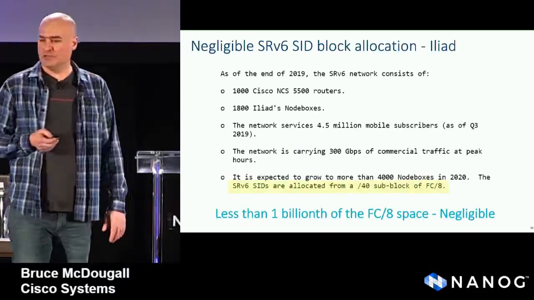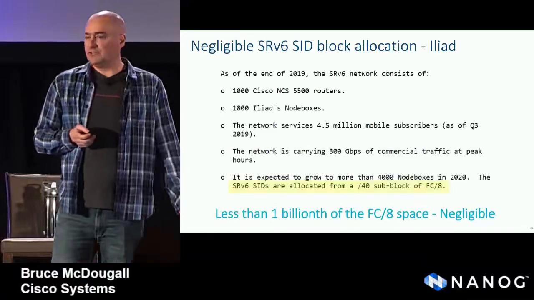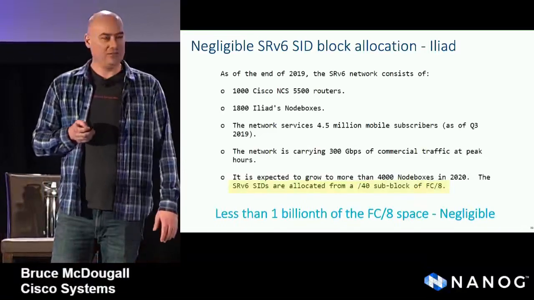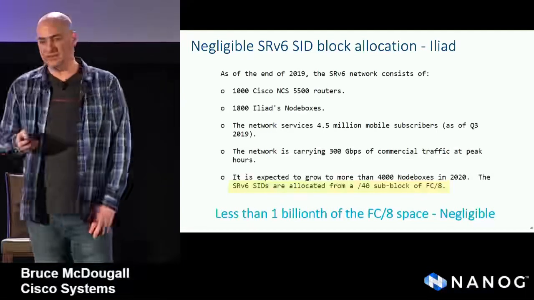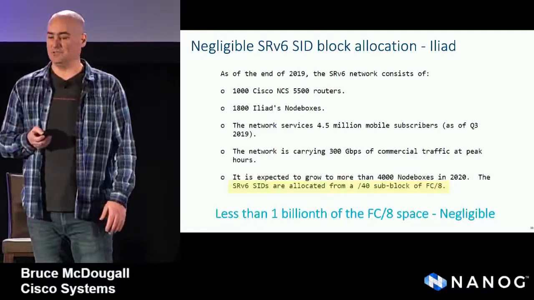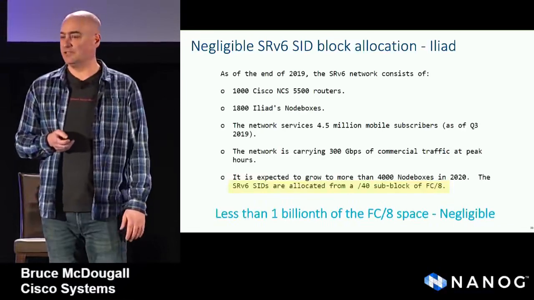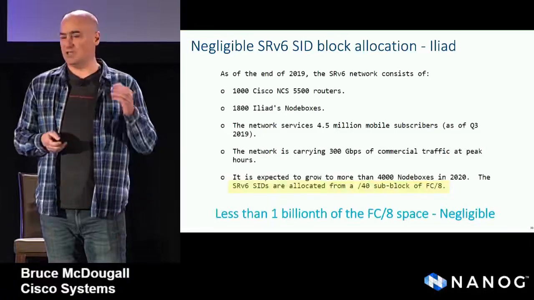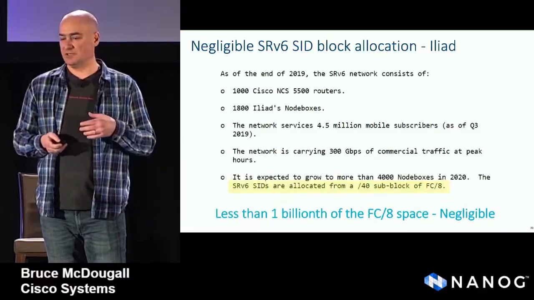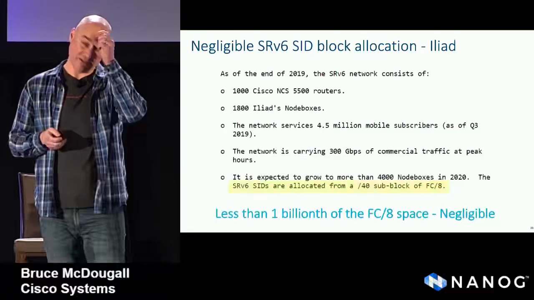Another quick note on scale. When it comes to actual IPv6 address allocation, the two operators that we highlight in the talk: Iliad chose to make use of the private FC/8 space for their SID block allocation. They decided to go with a /40 from that FC/8 space, which represents less than a billionth of the entire FC/8 space.